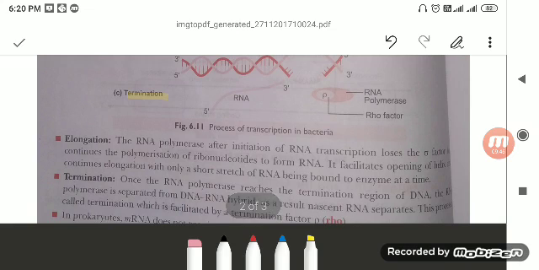And next is your elongation. The RNA polymerase, after initiation of RNA transcription, loses the sigma factor and continues the polymerization of ribonucleotides to form the RNA. It facilitates opening of the helix, and continues the elongation with only a short stretch of RNA being bound to the enzyme at a time.